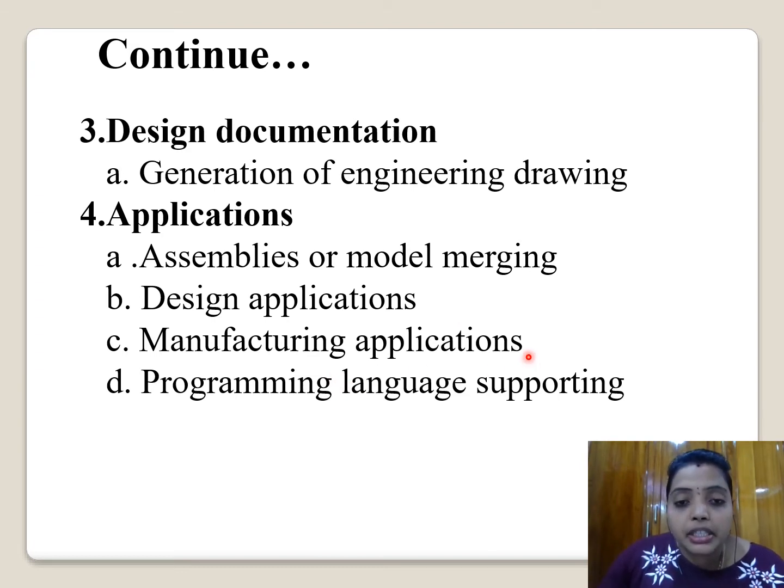Manufacturing applications means from which part to which part the software has to be loaded. In CNC machines, one machine will do one operation and another will do another operation. Likewise, we will separate all these softwares according to the type of machine, and we will apply that to the manufacturing industry. Those come under the manufacturing applications.